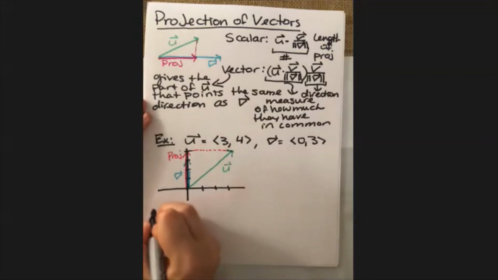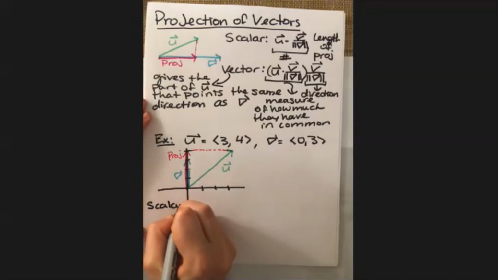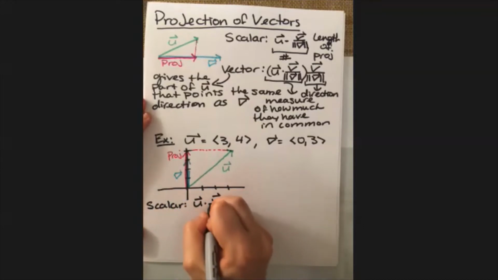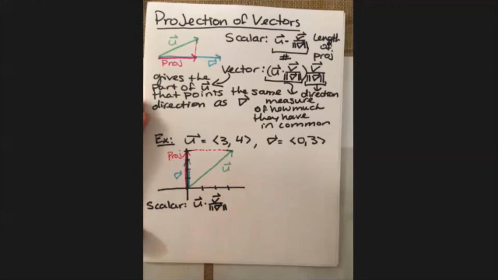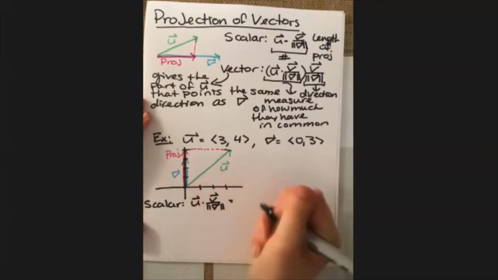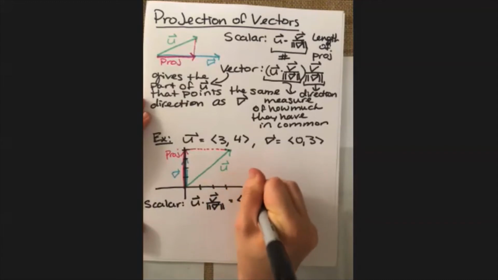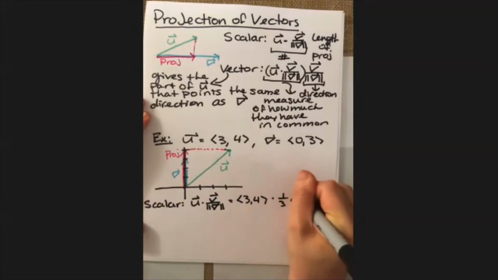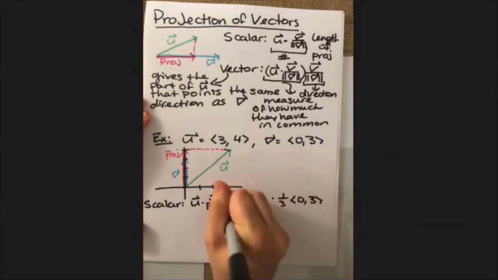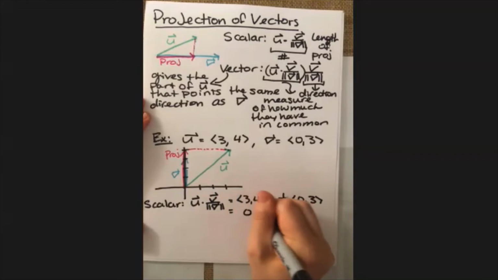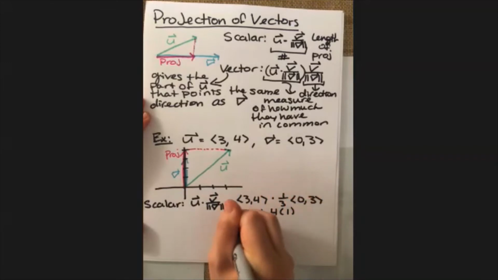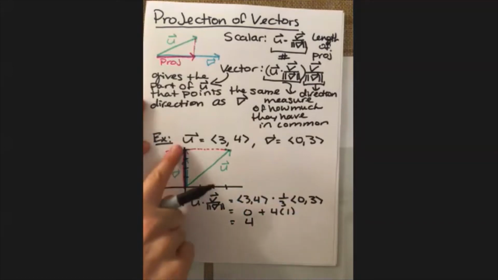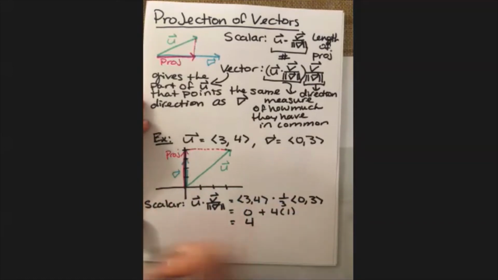To get the scalar value, we're just going to take u dotted with v divided by its length. That's equal to the vector 3, 4 dotted with, and then the length of v is 3, so 1/3, and then v itself is 0, 3. So we get 0 plus 4 times 1, and that is just equal to 4. So 4 is the length of this vector right here, that projection.